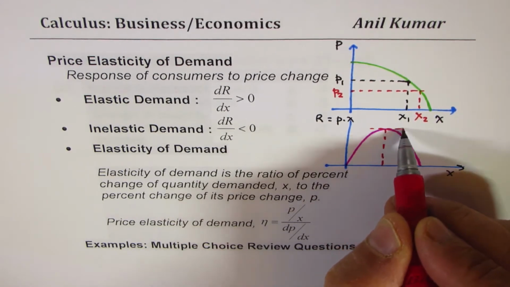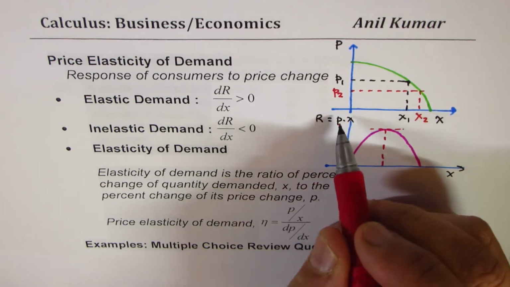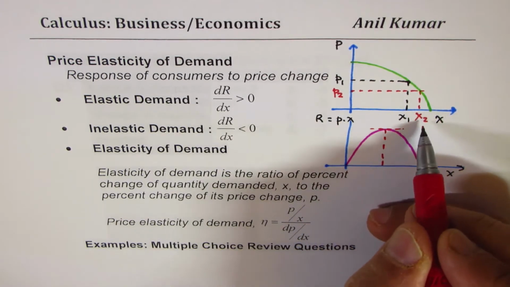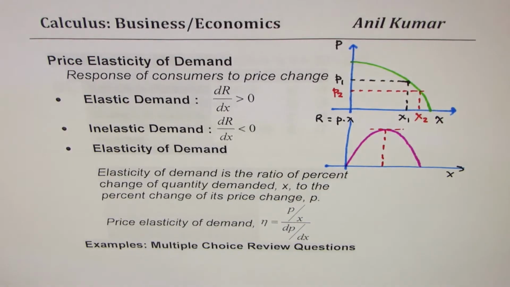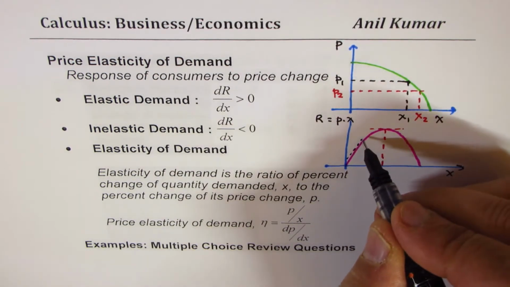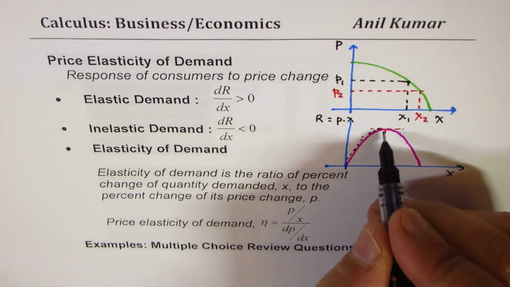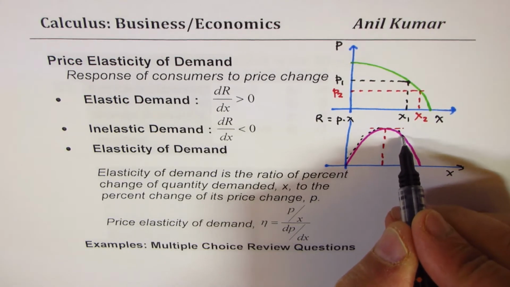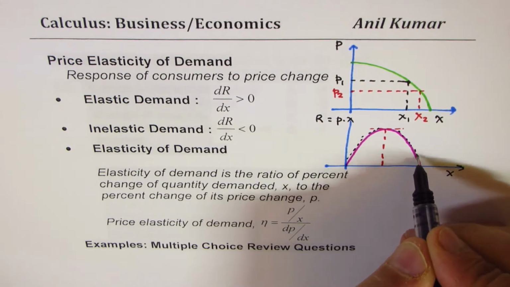At one point, the reduction in price may not bring an increase in sales to that extent. The tangents drawn at different points on this curve initially have a positive slope, then it becomes less positive, zero at a point, and after that the revenue is decreasing.